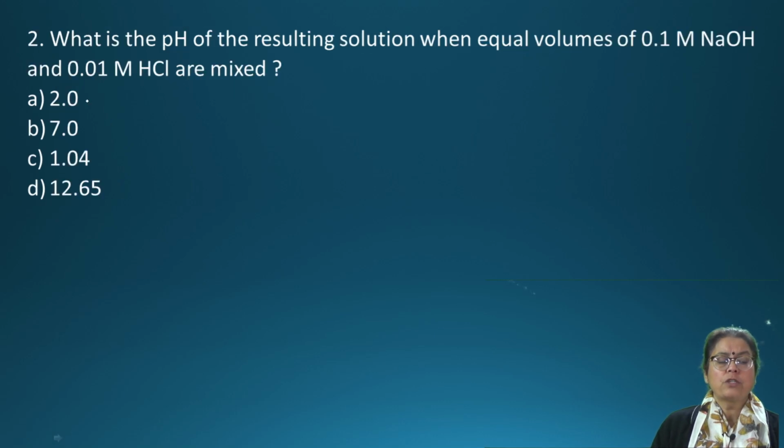Let's go on to question number 2. What is the pH of resulting solution when equal volumes of 0.1 molar NaOH and 0.01 मोलर HCl are mixed. तो यहाँ पे हमको हाइड्रोजन की कॉन्सेंट्रेशन जो है वो कैलकुलेट करनी पड़ेगी.